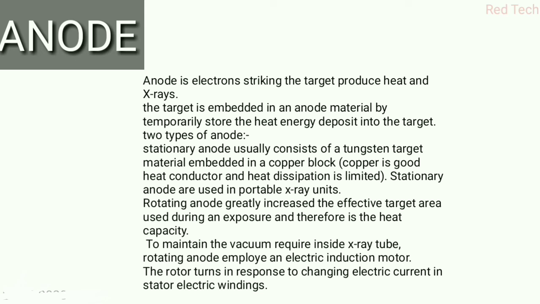Now look at the rotating anode. The rotating anode greatly increases the effective area during the exposure, so its heat capacity is much better than the stationary anode. To maintain the vacuum inside the X-ray tube, the rotating anode employs an electric induction motor.